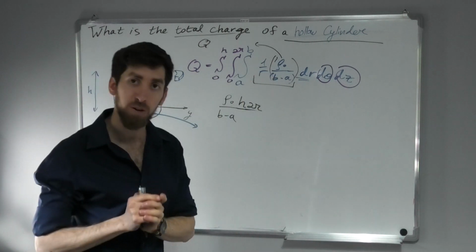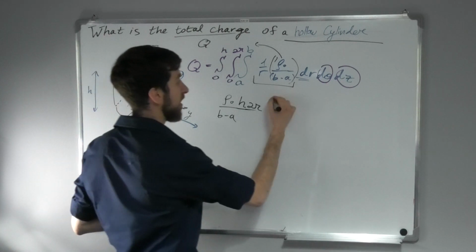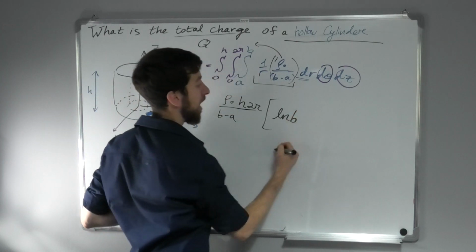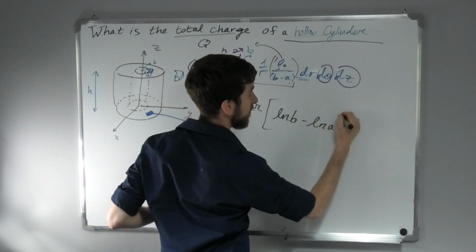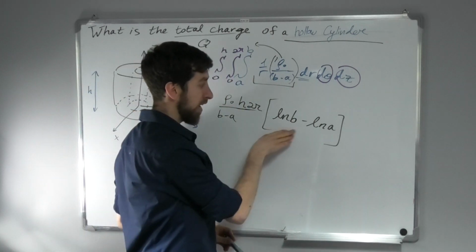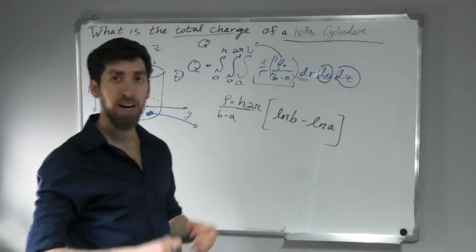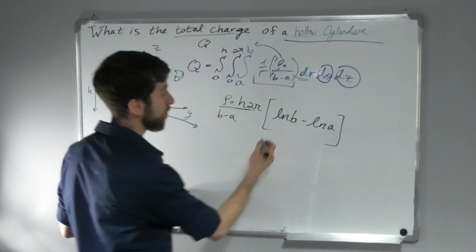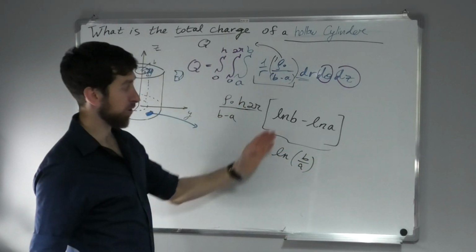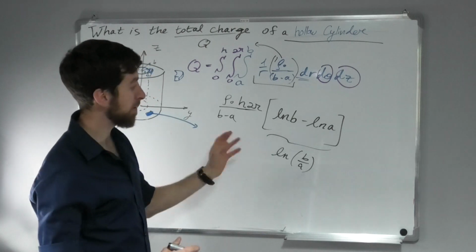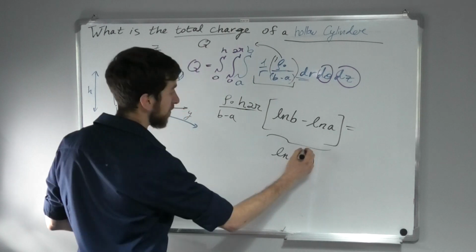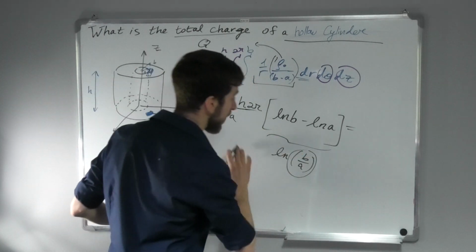If you remember what is the integral of 1 over r, it's ln, right? And I also put the boundaries, so ln b minus ln a. And something nice about ln logarithm is that if I have an operator of minus between them, I can take it to the next step, which is division. So this thing is actually ln b over a. And if it's plus, so it's multiplication. It's going to be b multiplied by a inside here. Okay, so I have all the terms.